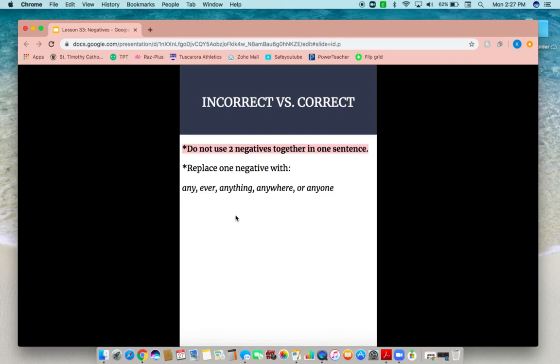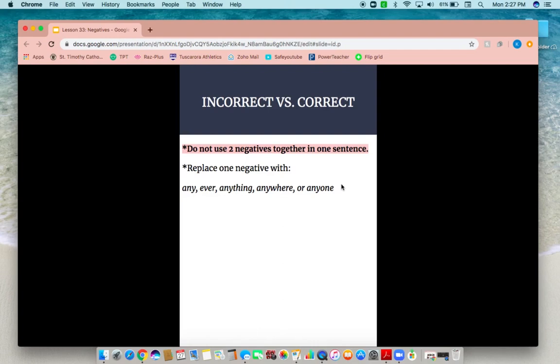But when you have two negatives, A, it doesn't really sound right. And B, we have to replace it with something else instead of another negative word because then it's a double negative and it doesn't make sense. So we cannot use two negative words in the same sentence, okay?